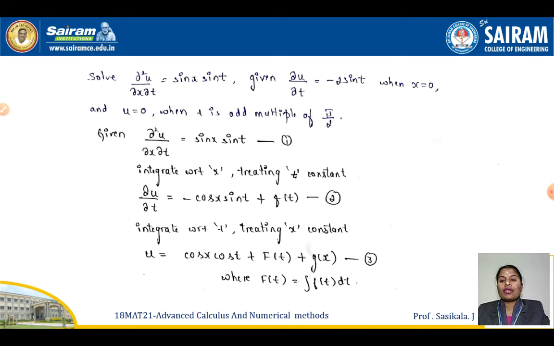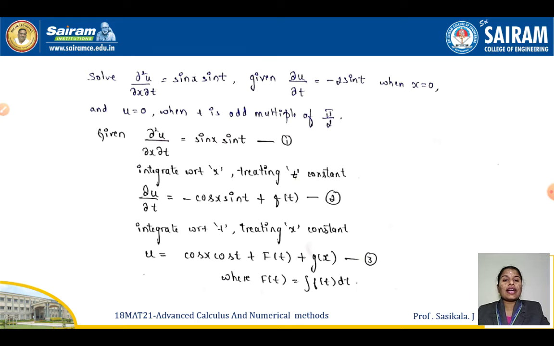Okay, next question. Solve ∂²u/∂x∂t = sin x sin t, given ∂u/∂t = −2 sin t when x = 0, and u = 0 when t is an odd multiple of π/2. This is related to a non-homogeneous PDE, as you know.